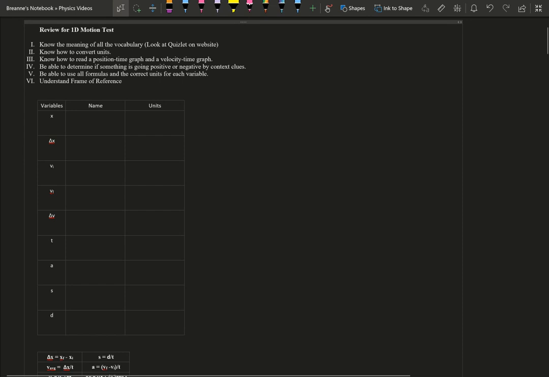So variables. Variables are a big, big deal because variables and units can help you know what equation to use. So if you see in a word problem something that says meters, you know it's either your position or displacement.